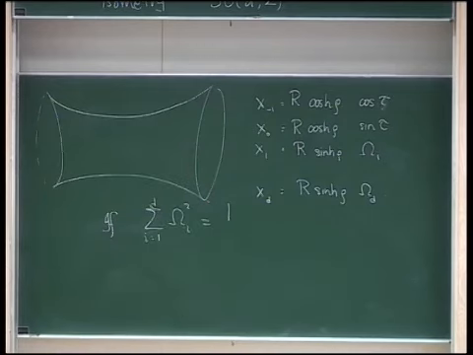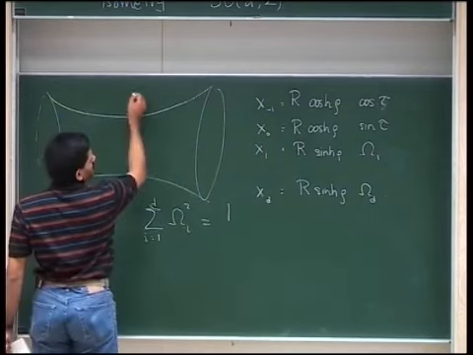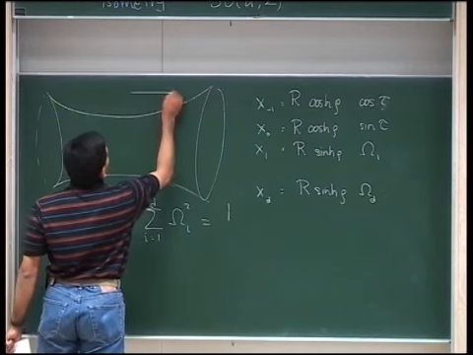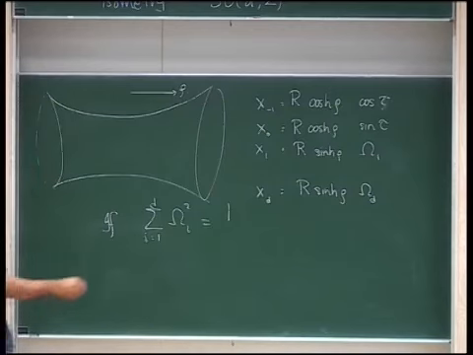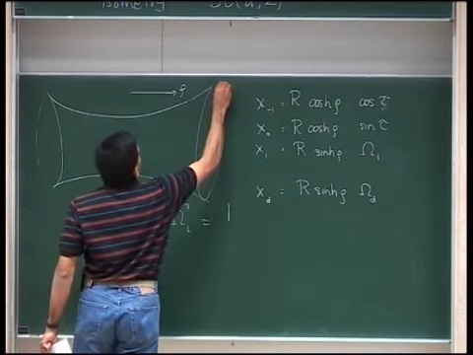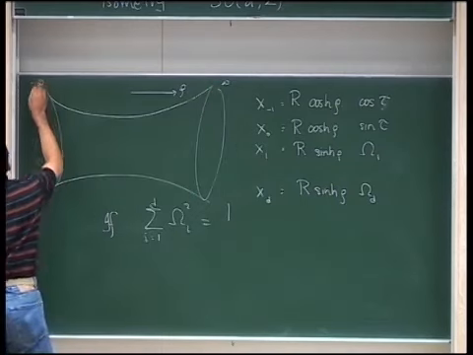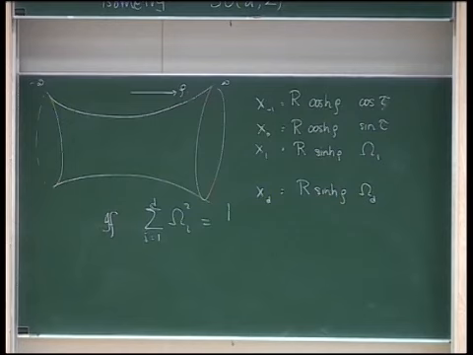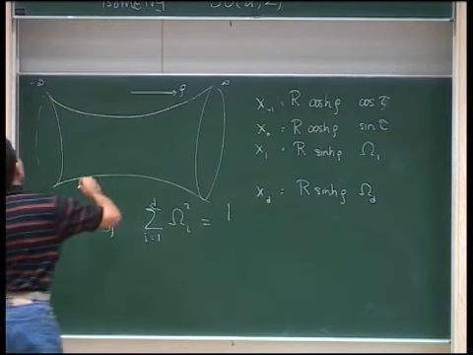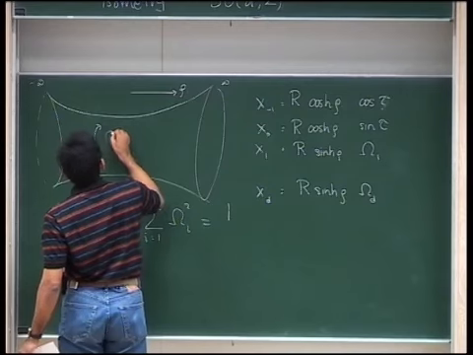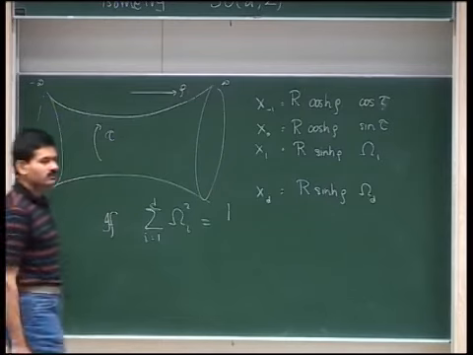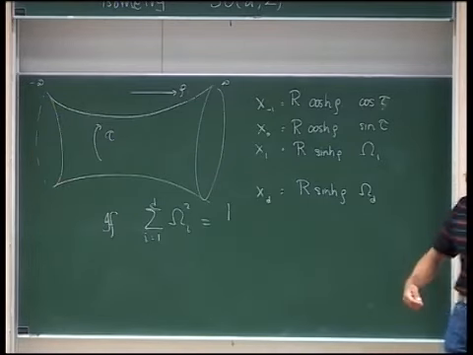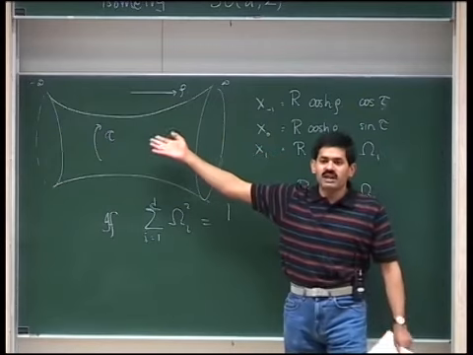And in the hyperboloid, the coordinates are as follows. Rho runs out from the center, and tau is the angle around the hyperboloid. And I have just drawn for you what looks like a 2 surface.